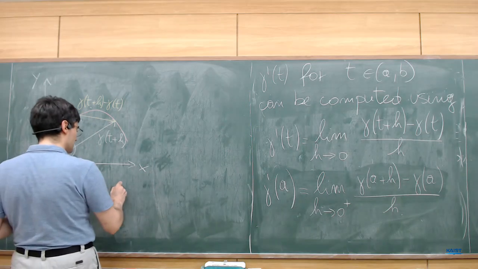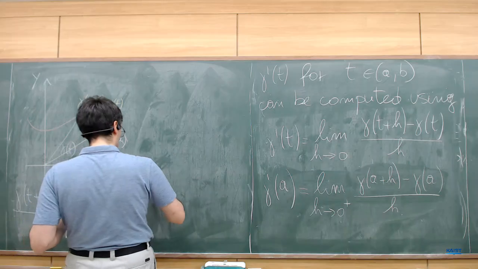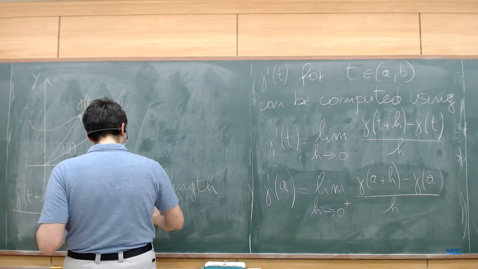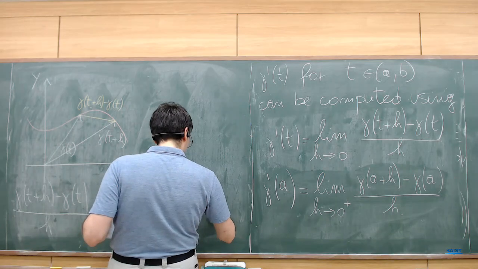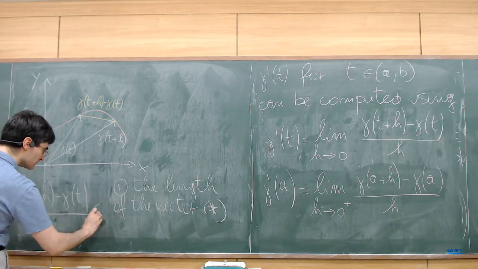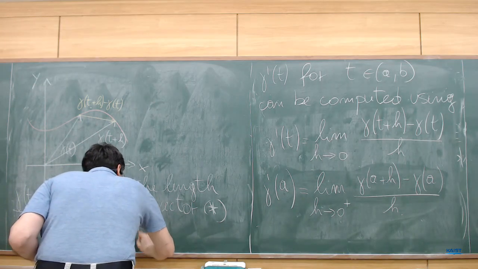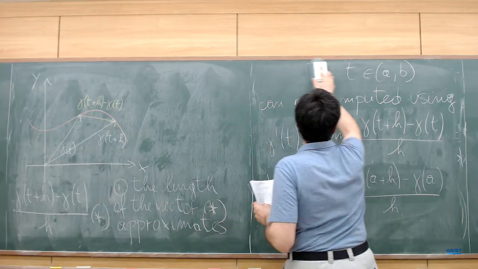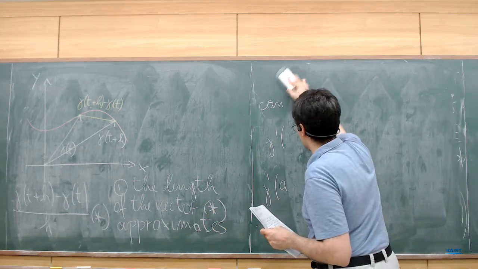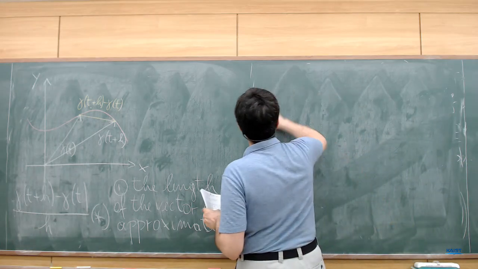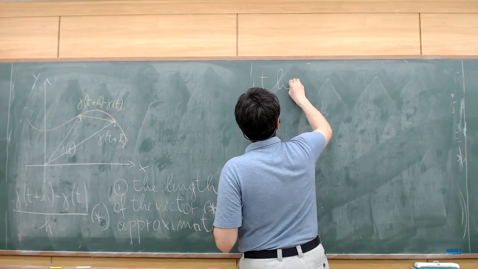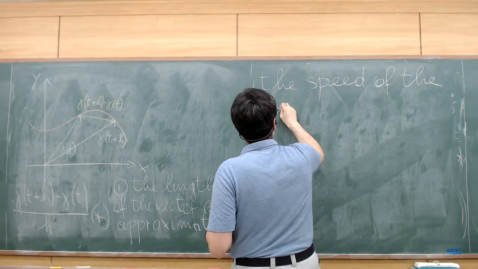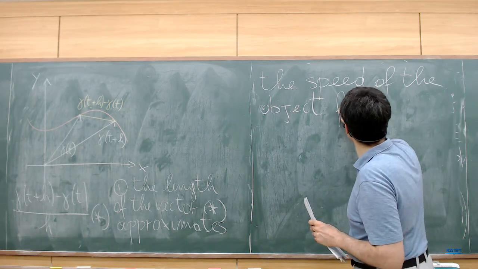We get two things. One, the length of the vector star, where star is this vector here, approximates the speed of the object. This is clear from your course of physics.